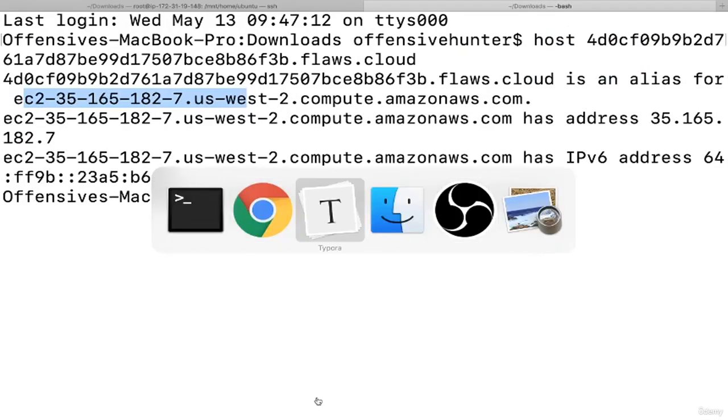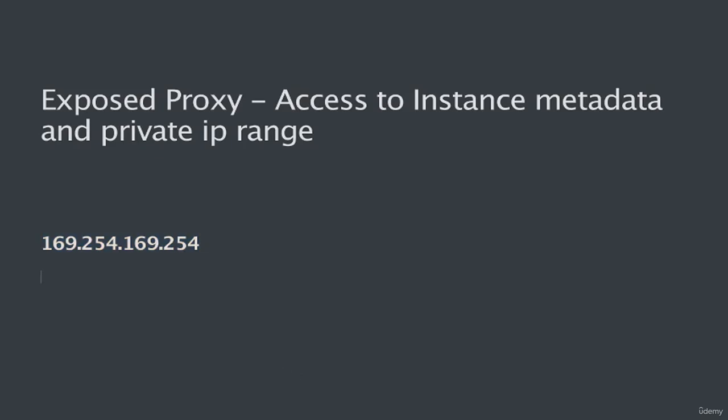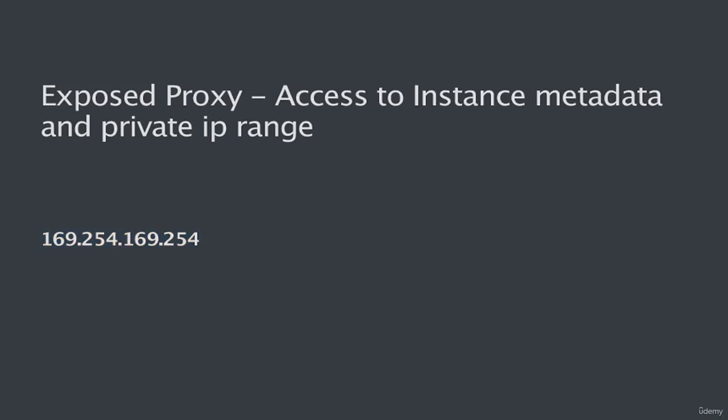Let me show you in my Typora how we'll fire the command. I will not export this because I have my own profile configured there, so I will directly use a command like this one. First I'll use AWS underscore.